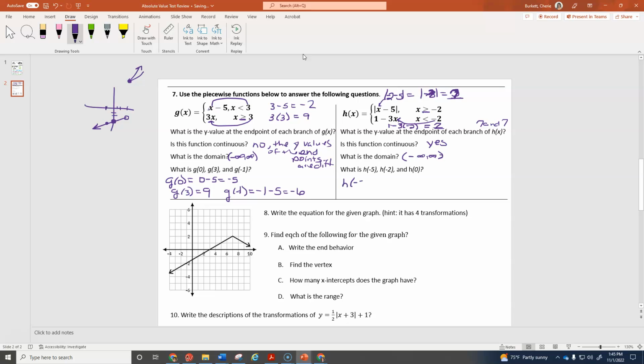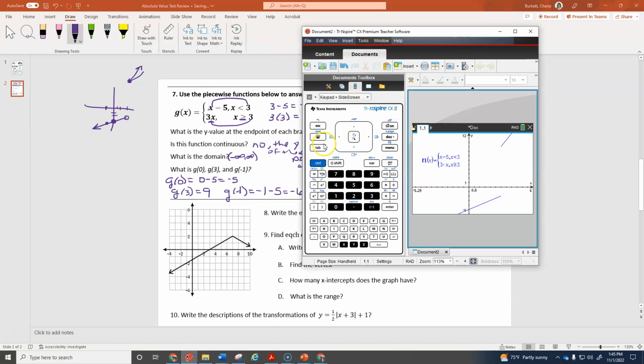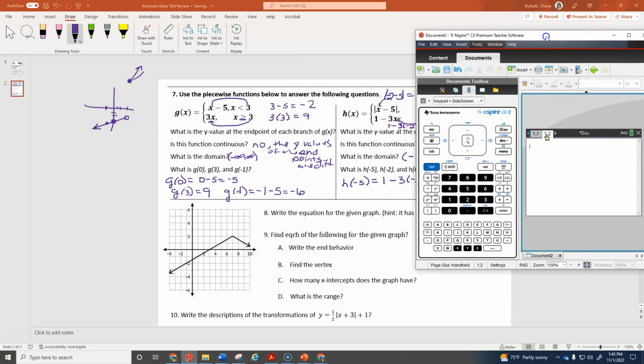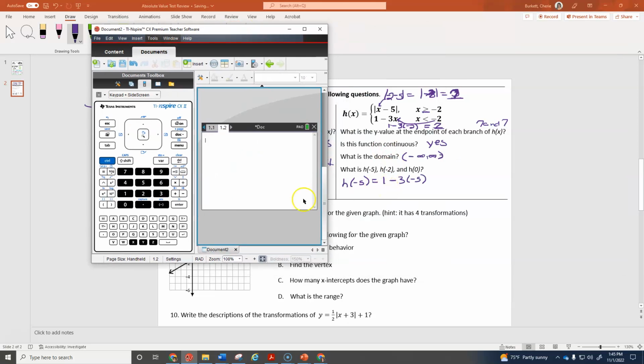H of negative 5 means plug in negative 5 into which branch? Negative 5 is a number less than negative 2. So I'm going to plug it in right here. 1 minus 3 times negative 5. And of course, don't forget you can do this on the calculator. You just need a calculator page. So I'm going to do Control I, insert a calculator page. And now I can just do exactly what I just typed in.